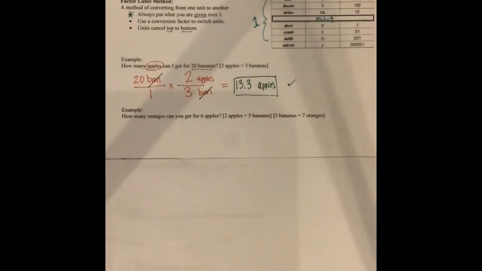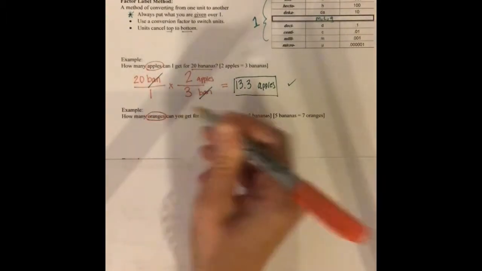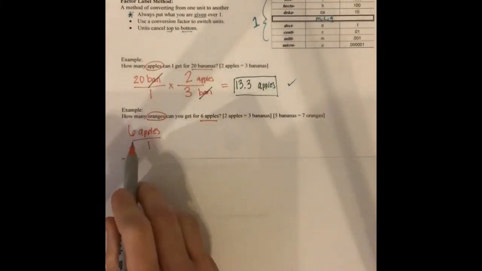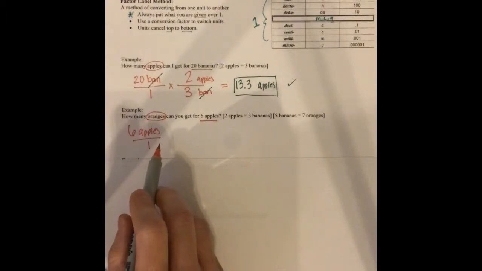I'd like you to start setting up this next problem. You should always be able to start with your given number over 1 and then go from there.